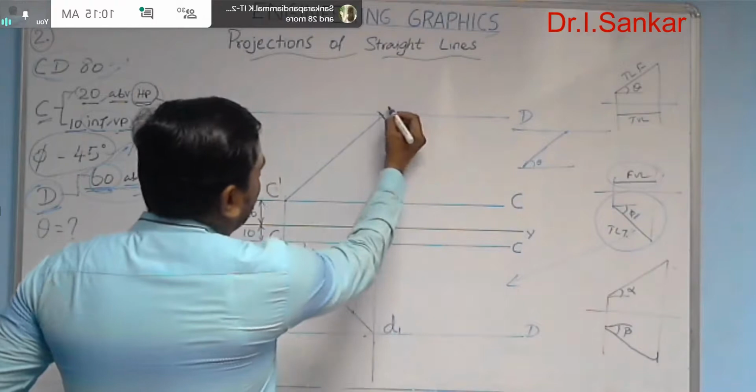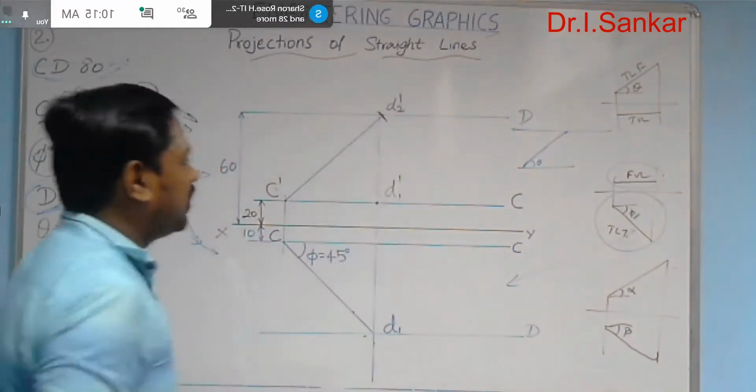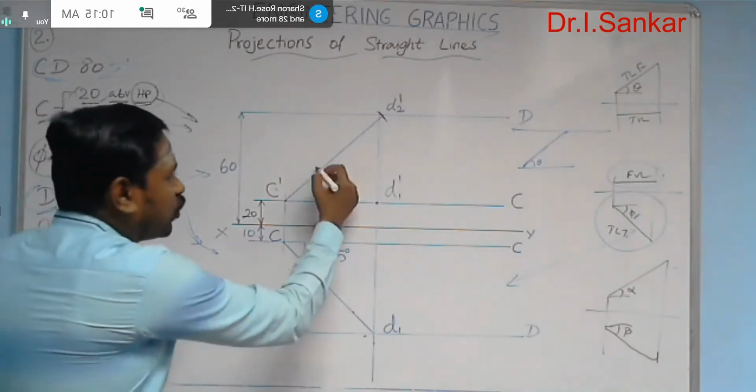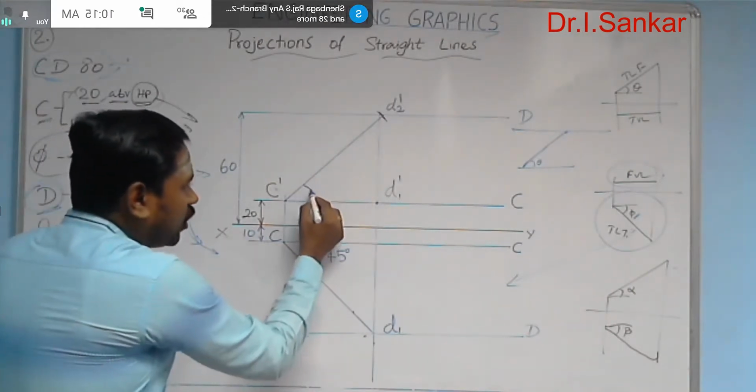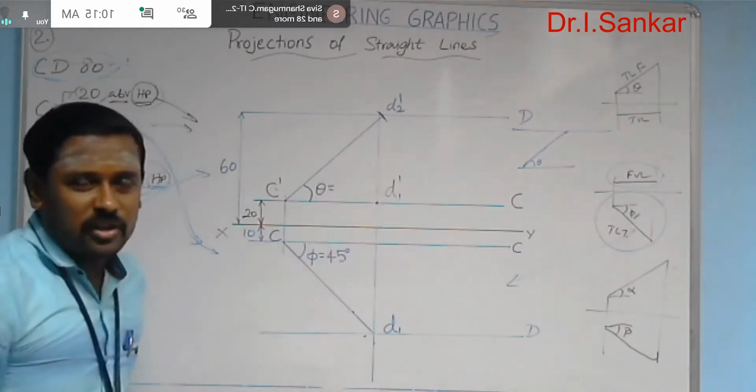This is nothing but D2 dash, and this is your true length line. And here automatically the angle theta will be bound. You need to measure it.